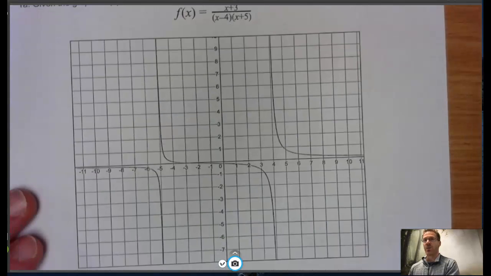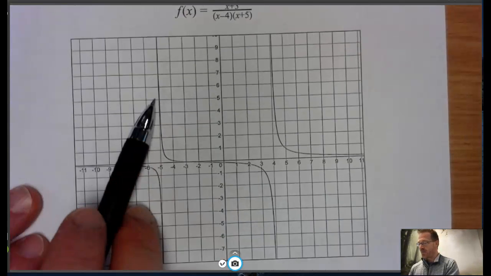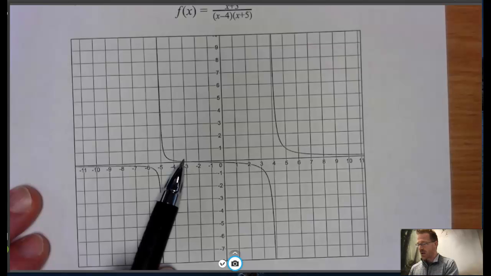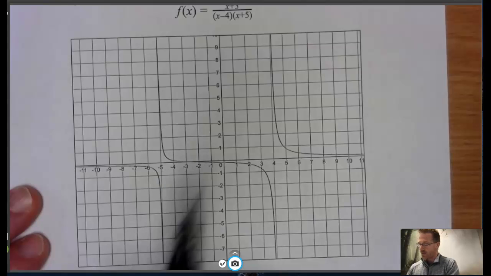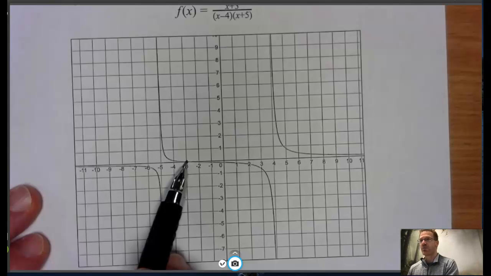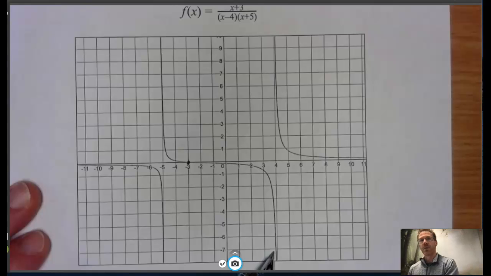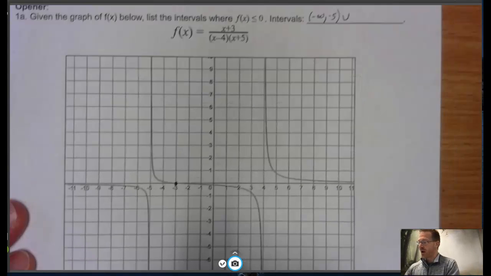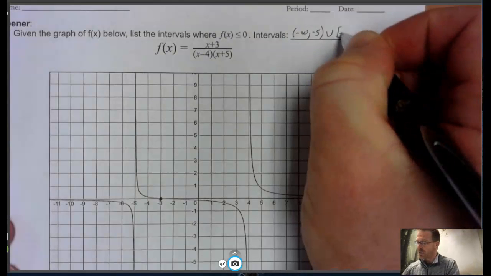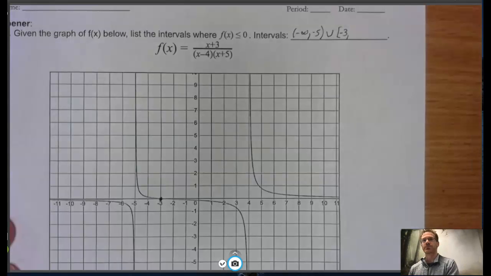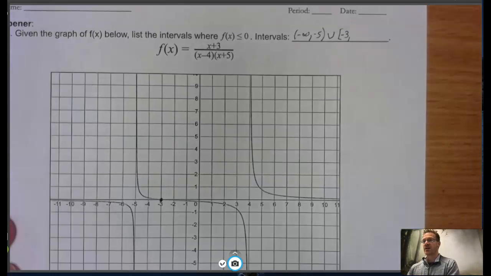Now, when I come to the middle part of the graph, notice it's above here. It gets really close, and it looks like we cross right at negative 3. So that's where it's equal to 0, and then it's below 0 for the rest of that part of the graph. So I get to include negative 3 here, because it is less than or equal to 0.